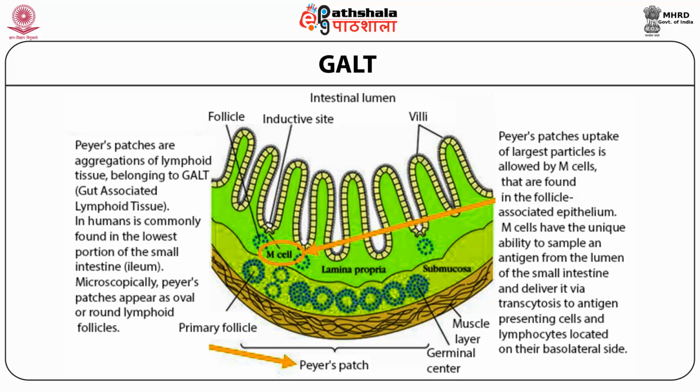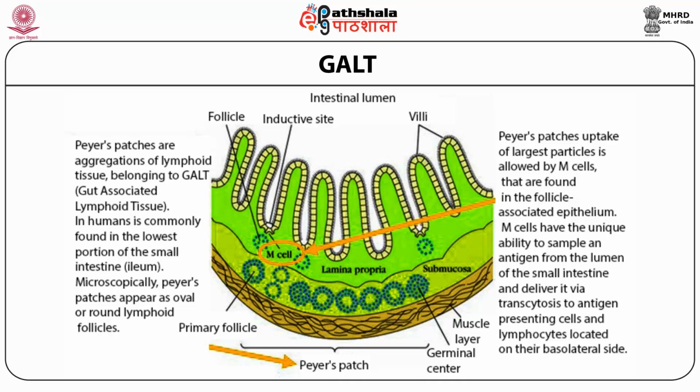So, a complex mechanism involving these APCs and the T cells decides whether the sample antigen results in tolerance, that means no immune response is initiated, or should it provoke an immune response. Similar mechanisms also exist in BALT, NALT, and lymphoid tissues which are associated with genitourinary tracts.